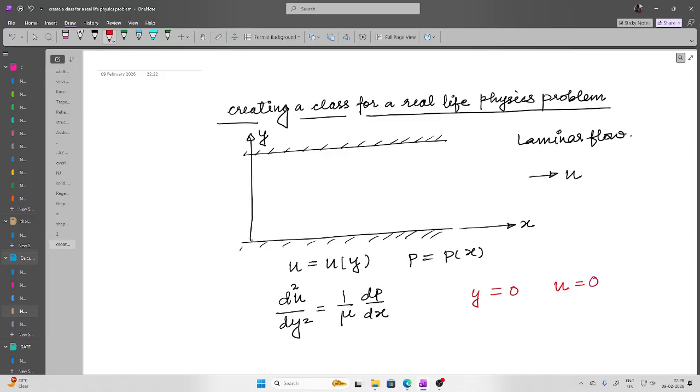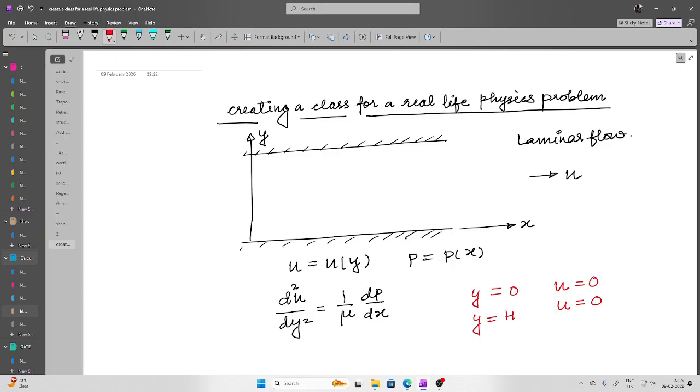Why? Because on the boundary, the relative velocity between fluid and surface should be 0. And as the surface is at rest, that should be 0. Similarly, when y becomes h, u will also be 0. Same thing. And that is what in fluid mechanics we call the no slip boundary condition.